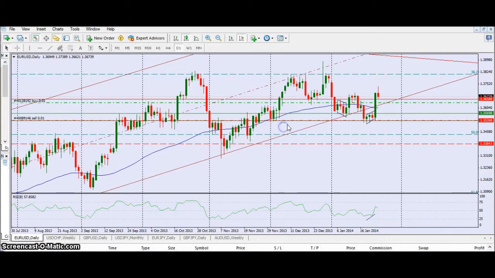But that being said, I believe that next week we will continue selling this particular currency pair because of this particular price action here.